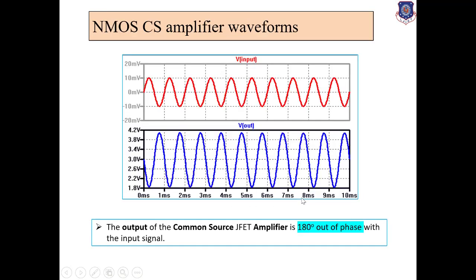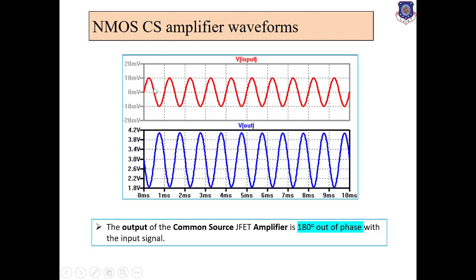The whole working is described by the waveform here. The red color is the sine wave input waveform, and I have drawn the output waveform, denoted by blue color. The thing is that it is not only amplified but also has a 180-degree phase difference between input and output.